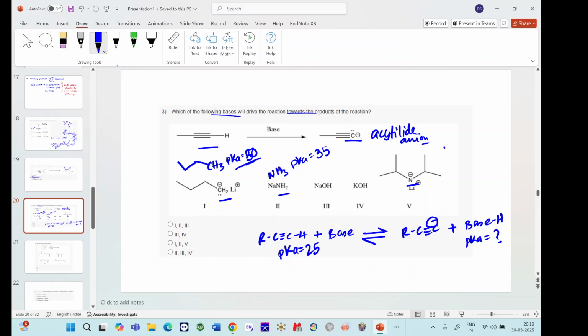For this one, it will also form an amine, pKa 35, and OH minus will give H2O, pKa equal to 16. So you can see for 1, 2, and 5, the pKa value is more than your acetylene or alkyne pKa. So these will be much more favorable, while the other two will not be favorable. So 1, 2, and 5 can abstract the proton from the acetylene. So 1, 2, and 5, this option will be right.